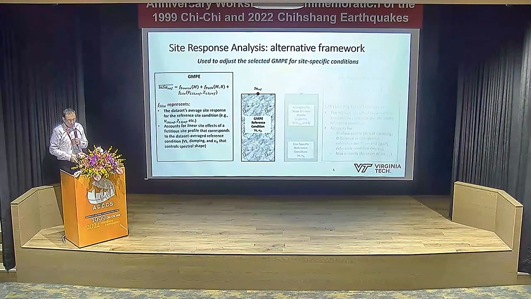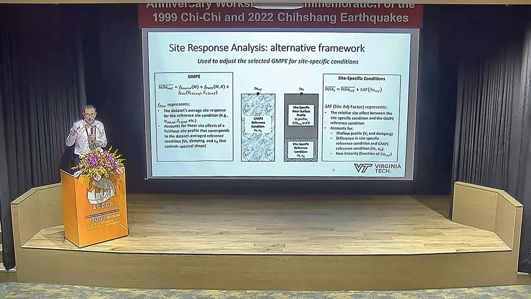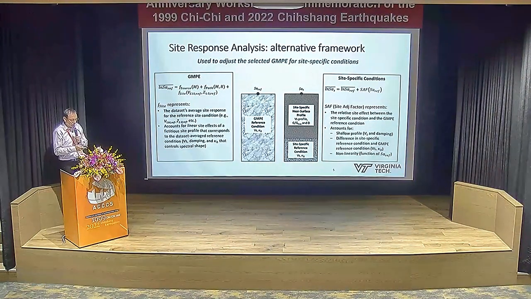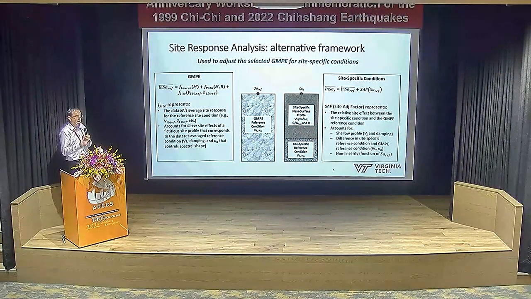When you are trying to predict hazard for a site-specific condition, then you need to modify this reference condition, and we modify it with what we are calling a site adjustment factor. In this case, the site adjustment factor represents the relative site effect between the site-specific condition and the reference condition for the GMPE.